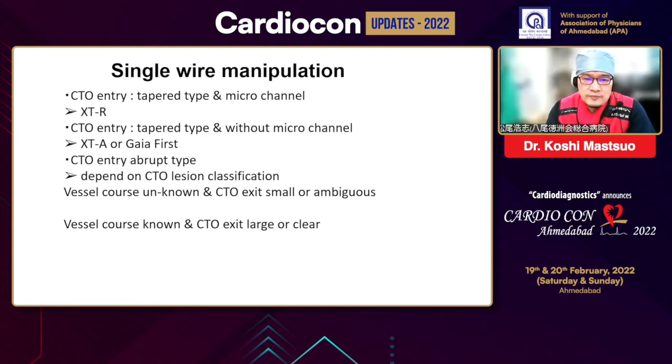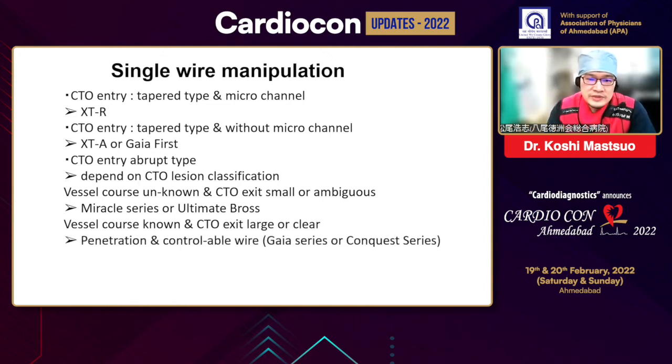If you cannot know the vessel course and the CTO exit is small or ambiguous, you should choose the Miracle series or Ultimate Bro 3, because these wires have a low rate of perforation compared to other CTO wires.